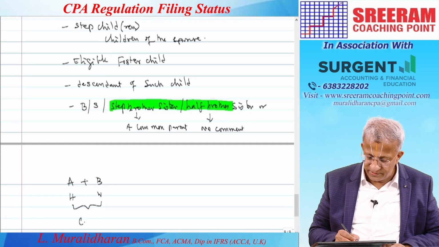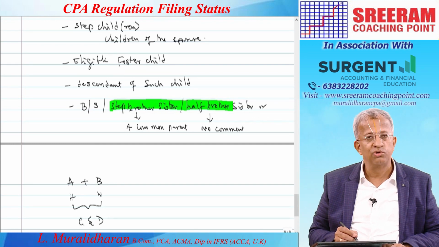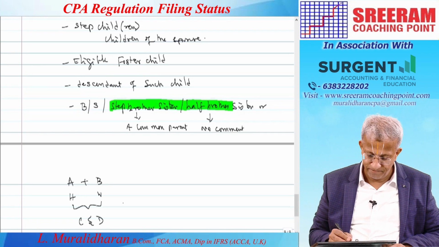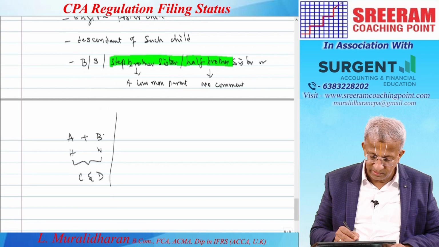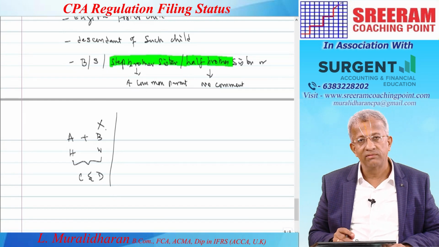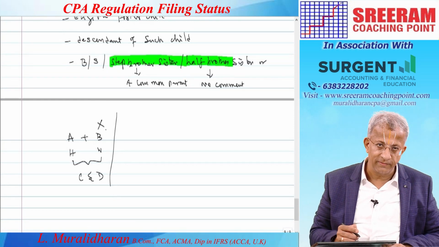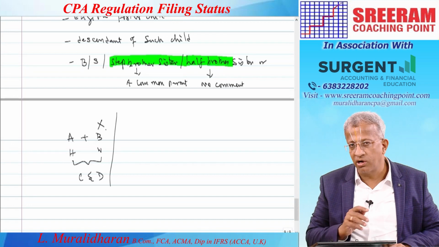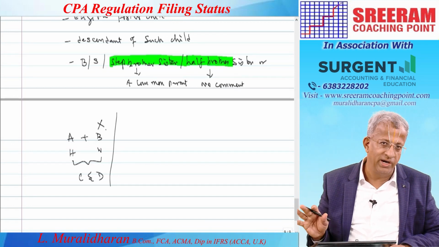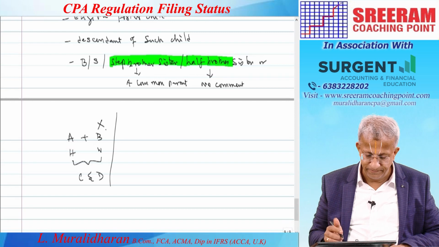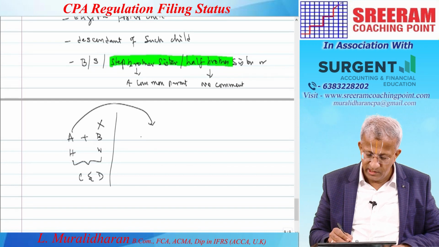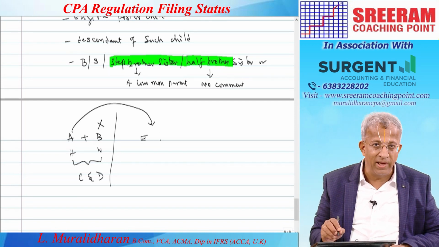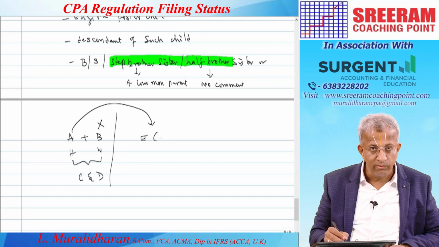Through them, you have C and D as two children, right? Because of some misunderstanding, B is divorced. A and B are no longer a married couple, divorced. And what is happening is that A marries E, another lady, who is also divorced.